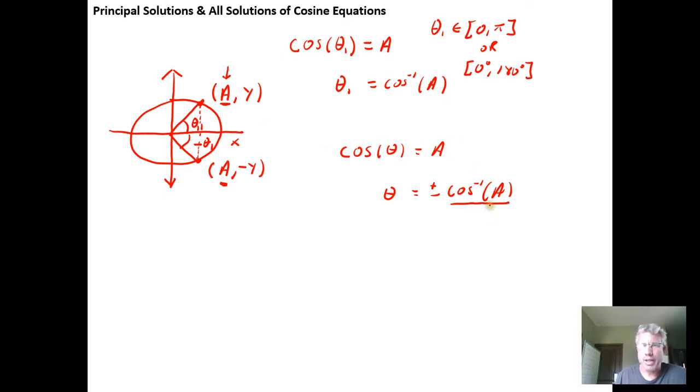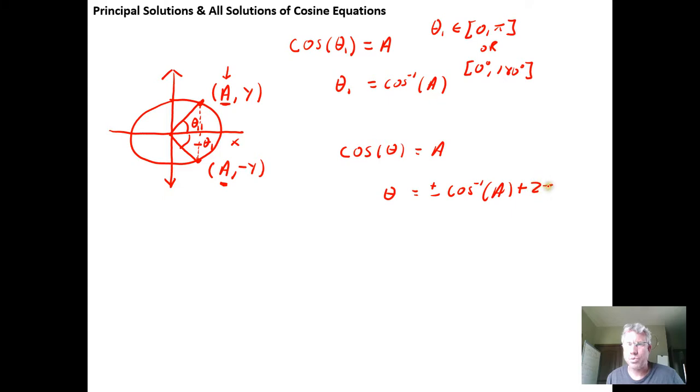And then we want to recognize this only gives us two angles, but every coterminal angle also generates an output of A. So if I add theta 1 plus 360 degrees, or theta sub 1 plus 2 pi radians, I'll rotate back around and get this side ratio of A again. So we want to recognize that not only do these two angles give us a side ratio of A, but every coterminal angle does.